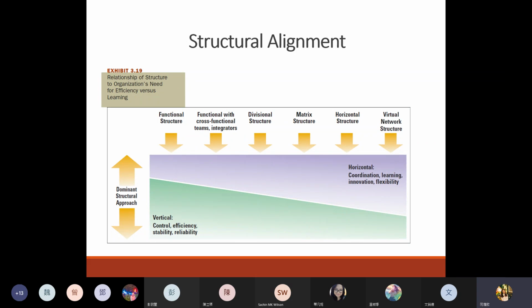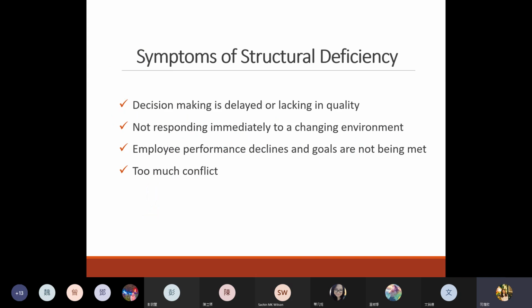So that is why it's more suitable for companies who focus on outsourcing. But for companies who want to do in-house, the most innovative structure will be horizontal structure. But again, it really depends on the demand of the company.